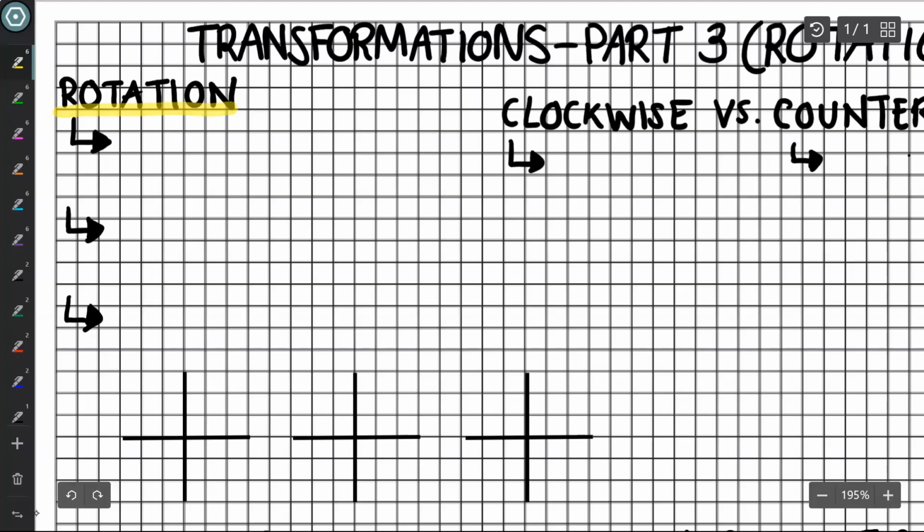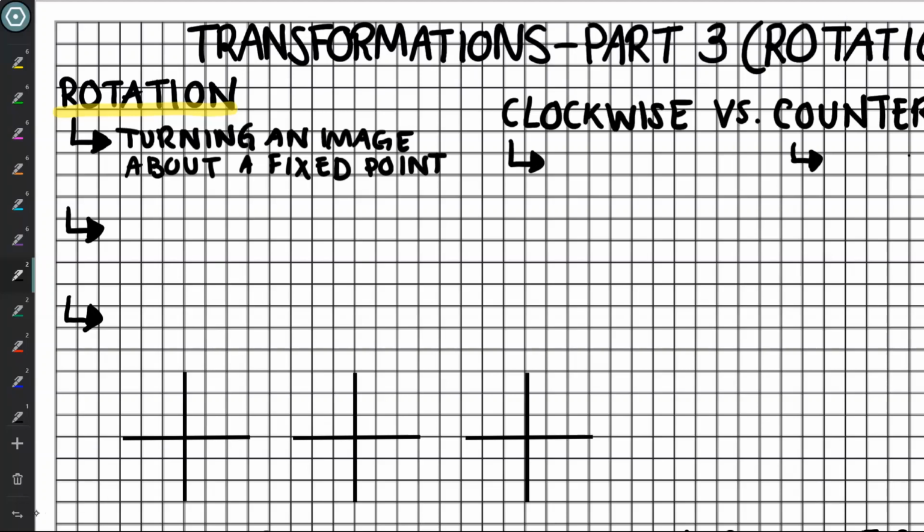So a rotation is just turning or rotating an image about a fixed point. We're going to talk about what that fixed point is in a little bit. But for now, that's the textbook definition of a rotation.